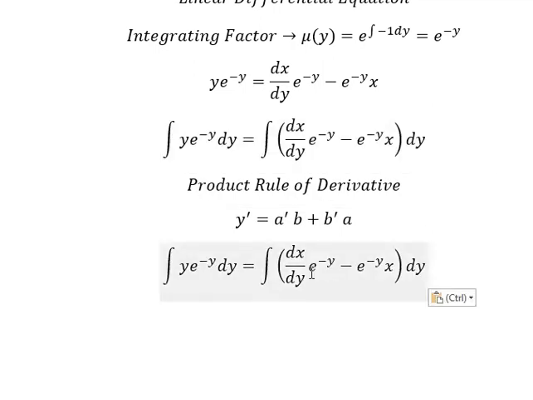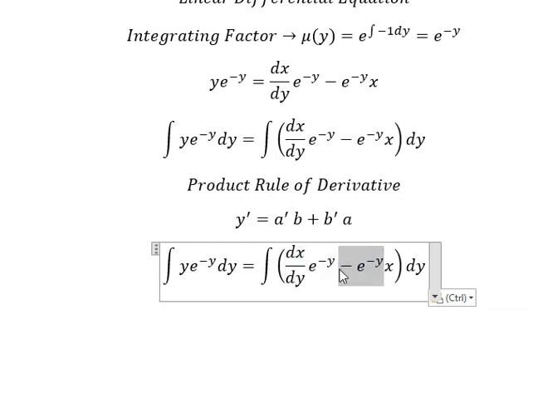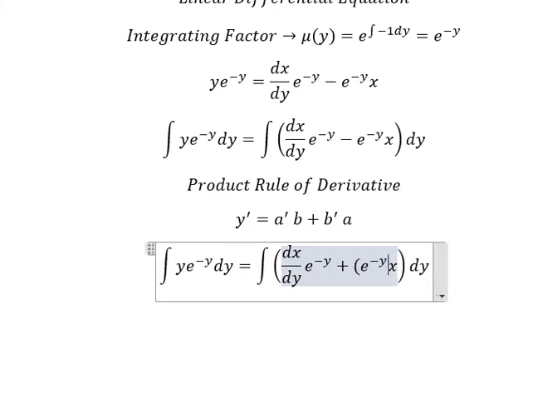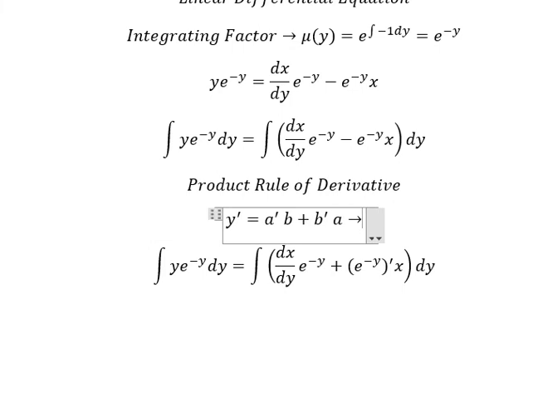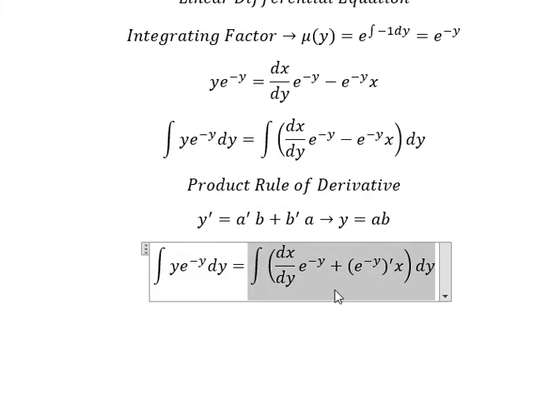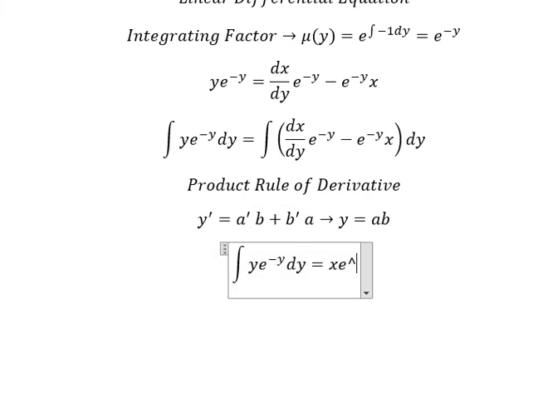So this one, that is about first derivative of a multiplied by b. This one, that is about first derivative of b multiplied by a. So the integration of this one, we have y equals to ap. So the integration of that one, we have se to the power of negative y.